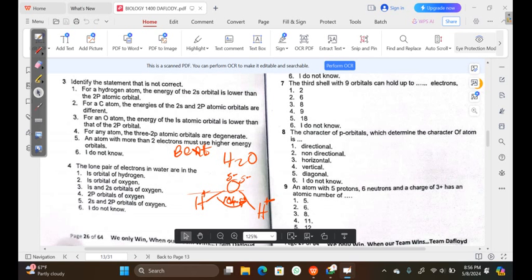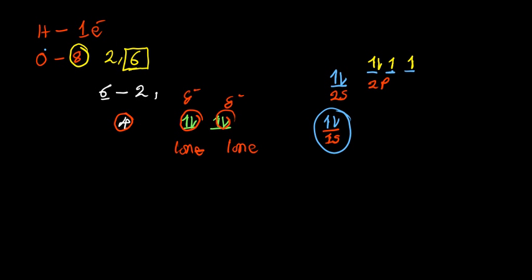In which atomic orbital? The lone pairs are in the 2p orbital. So it's these ones here. These are the ones which give us the lone pairs. So they are in the 2p orbital. So that's the answer. Anyone who is behind? Understood?